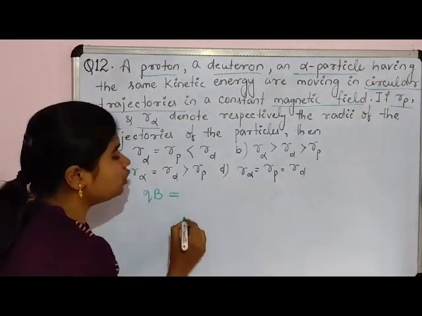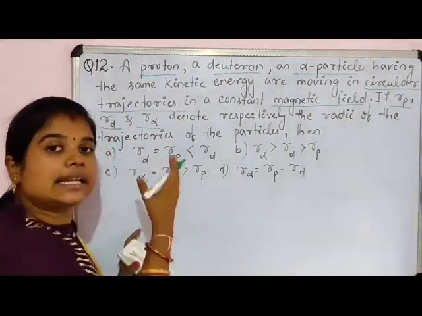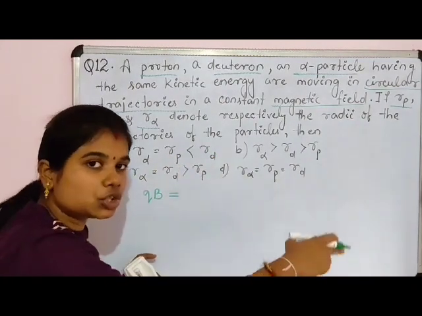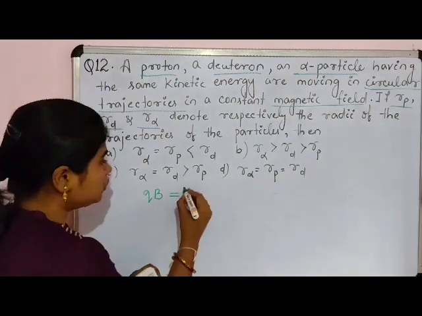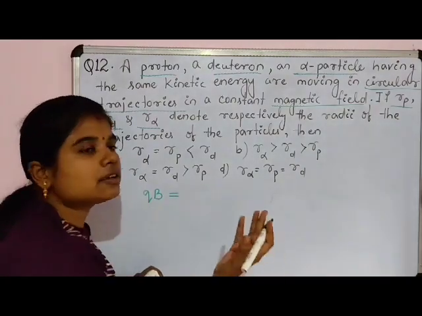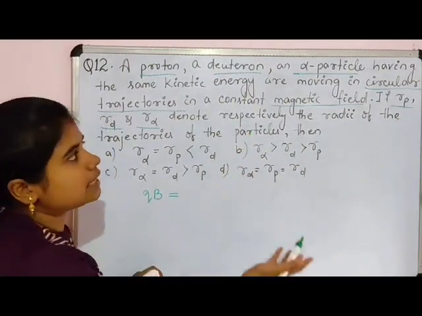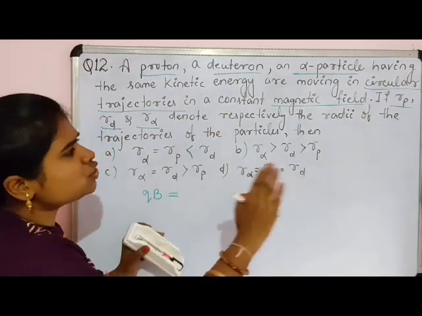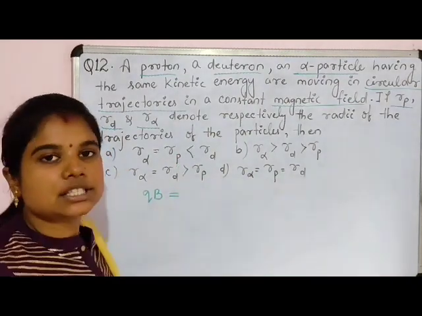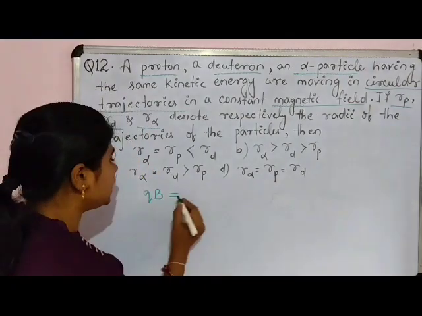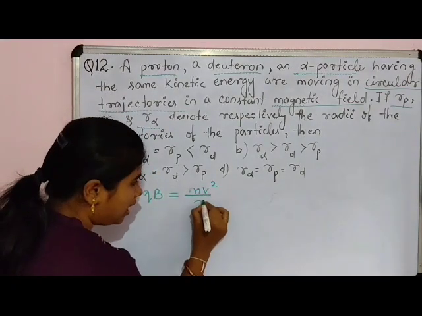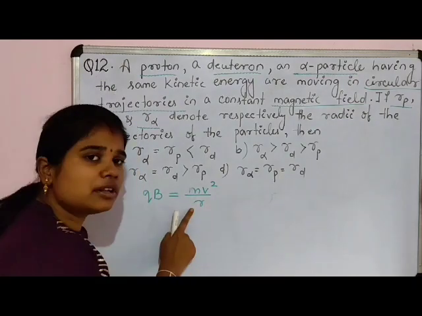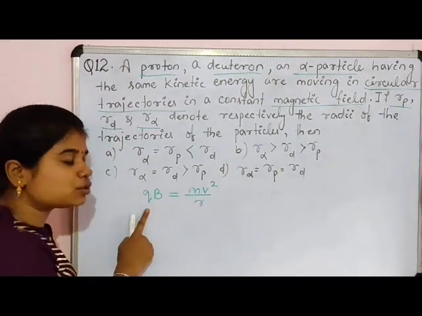This must be equal to the force which is letting the particles move in the circular orbit, that is nothing but the centripetal force. So if v is the velocity with which the particles are moving, and in general we take R as the radius of the circular trajectory, then I can write QvB is equal to mv square upon R. This is the centripetal force, this is the magnetic force.